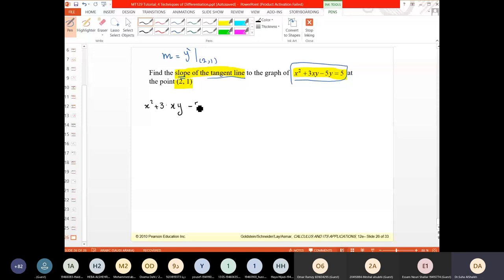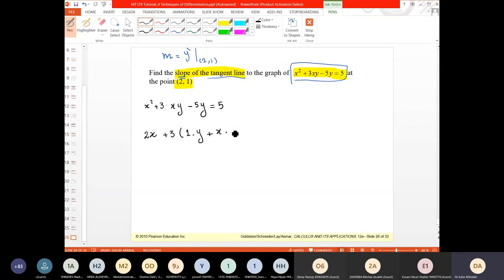So we find the derivative term by term. What's the derivative of x squared? It's 2x. Now when I come to the derivative of 3xy, I have to be careful. The 3 is a constant and xy is a product: derivative of the first times the second, plus the first times the derivative of y.